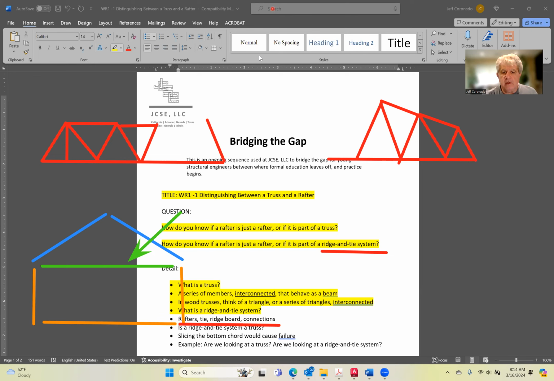Let me use yellow to illustrate the ridge board. The ridge board is even smaller than that. Typically a 1 by or a 2 by. So really it's very small, very slender. It's not a wide member.